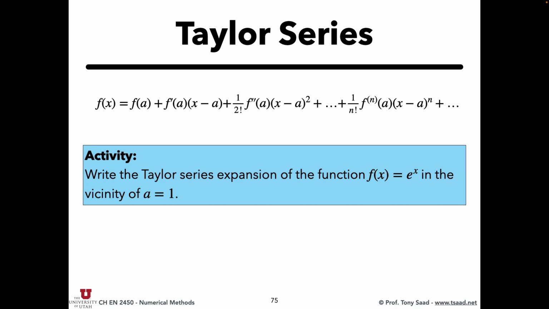So you're going to get x minus 1 and x minus 1 squared, x minus 1 cubed. Just leave those terms as is. Remember, the derivative of e to the x is e to the x with respect to x. So f prime, f double prime, f triple prime are all e to the x.